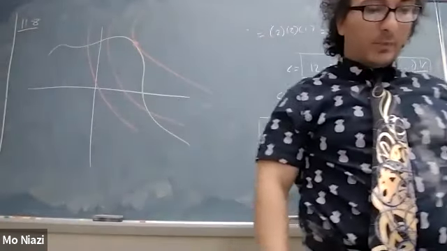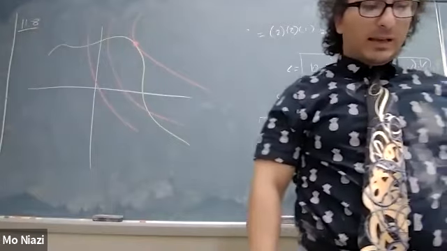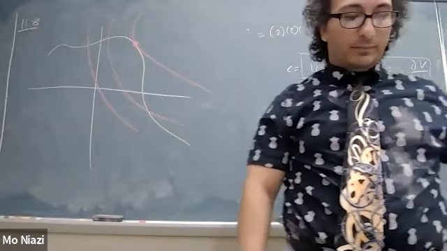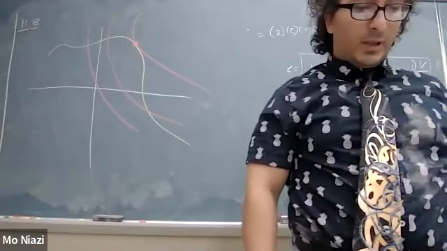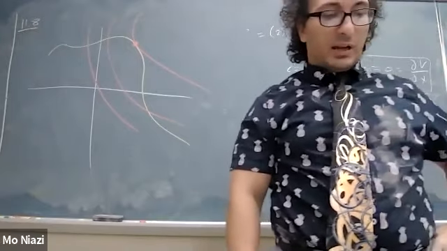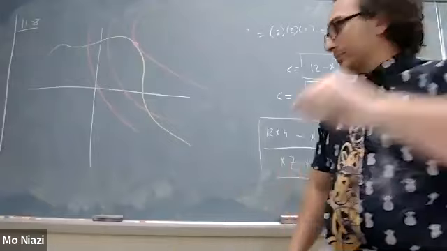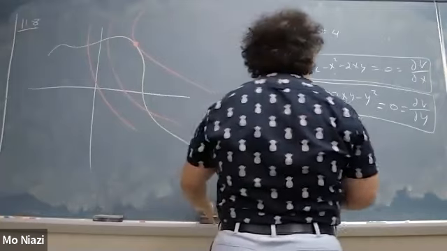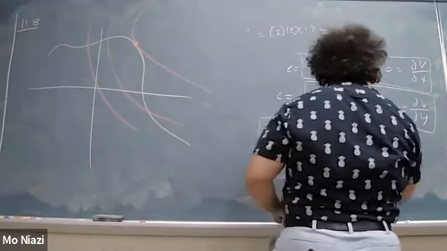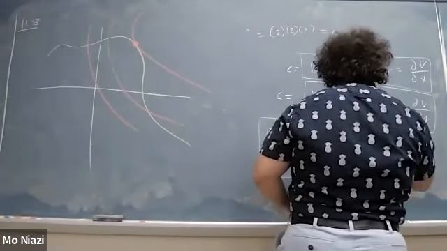So we want to maximize our function f of x y, just like last time we wanted to maximize this function v, which was a function of x and y.